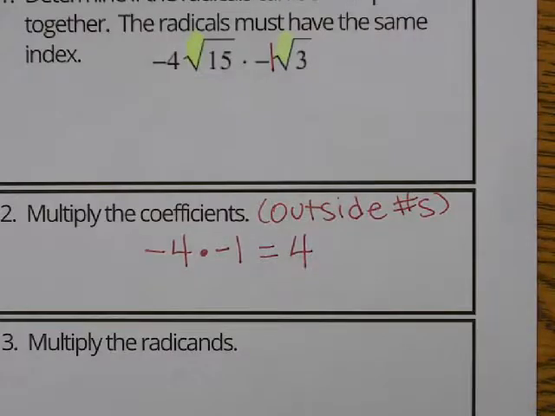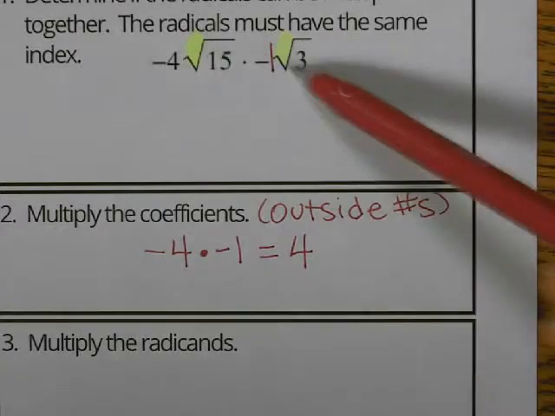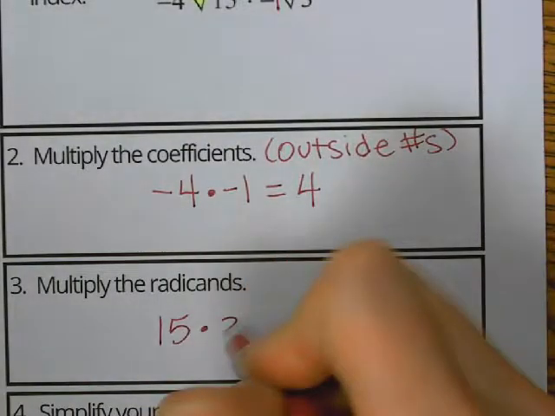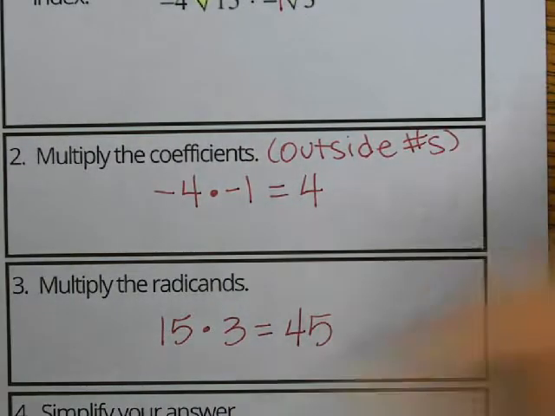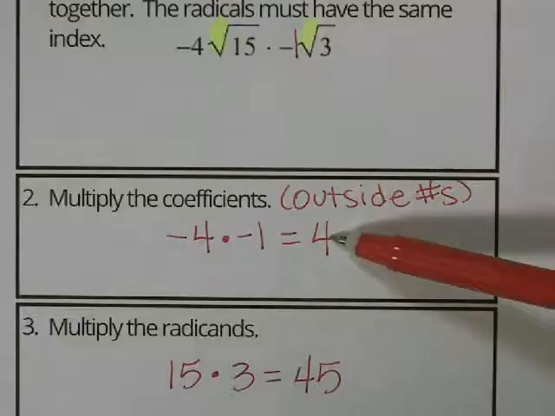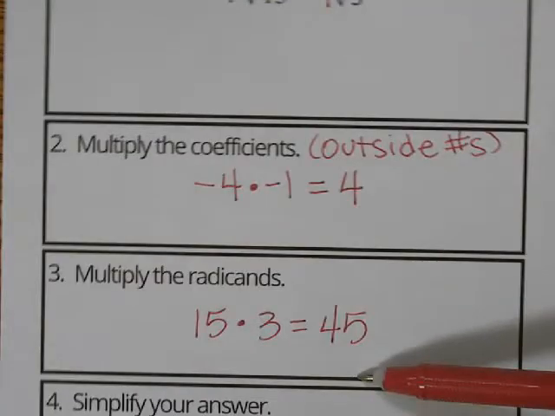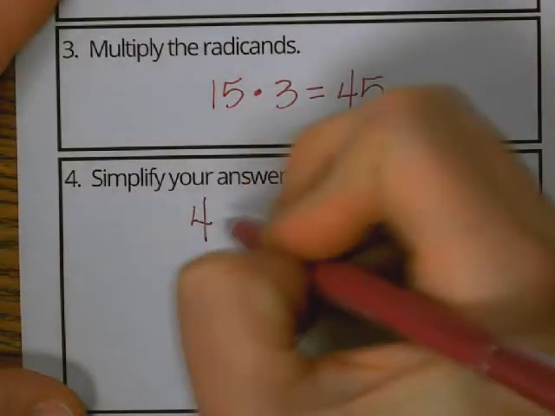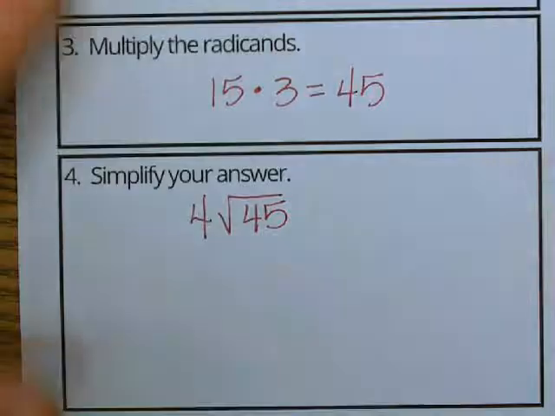Then it says to multiply the radicands. Well, those are the numbers underneath the radical symbol. So we've got 15 times 3, which is 45. The last thing you're going to do is any outside number stays outside and any inside number stays inside. So 4 was outside, 45 was inside, so it's 4 square root of 45.